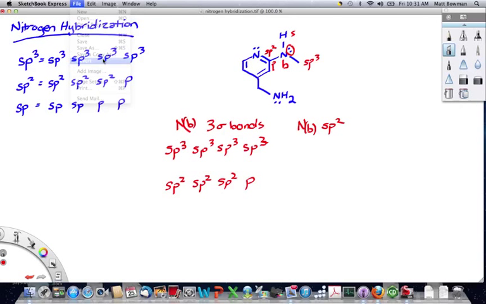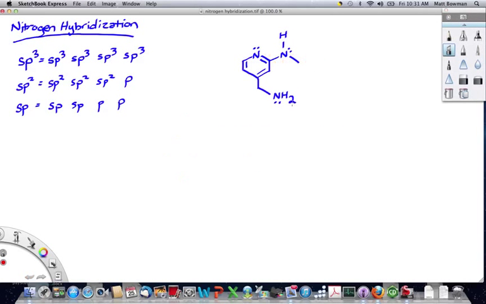If we take a look at nitrogen C, nitrogen C again has 3 sigma bonds, meaning it can be sp3 hybridized or it could be sp2 hybridized.